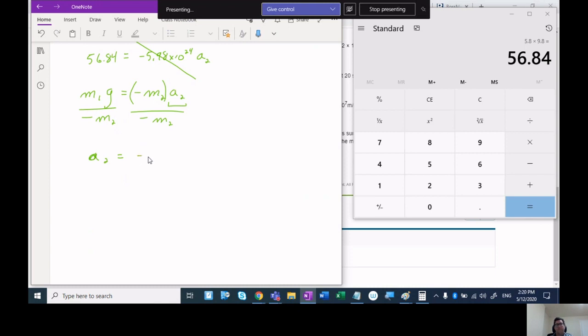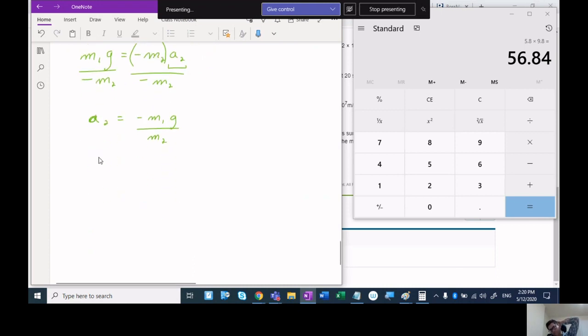And then the minus I'll bring up to the front, because it's better to write that than that. Minus on top, M1g divided by M2. This is not a new formula. We took a concept, they were equal, we're moving things around, we're finding what we need.